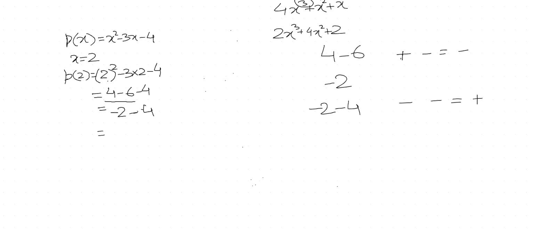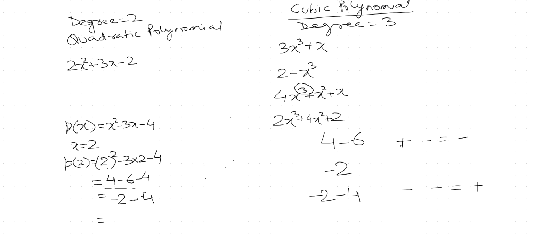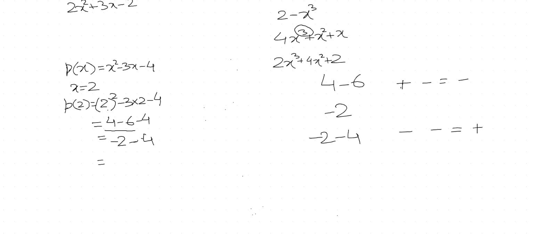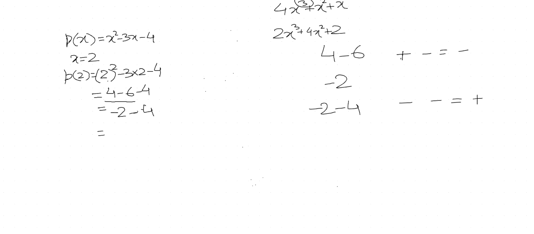I have taught you, minus minus will give you plus. So it means you have to add it. 2 plus 4 is 6. Now which one is bigger here? Minus 4. What is the sign with 4? Minus. So it is minus 6. Clear?